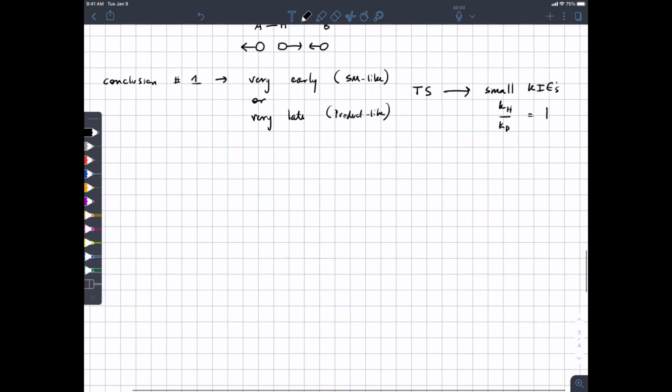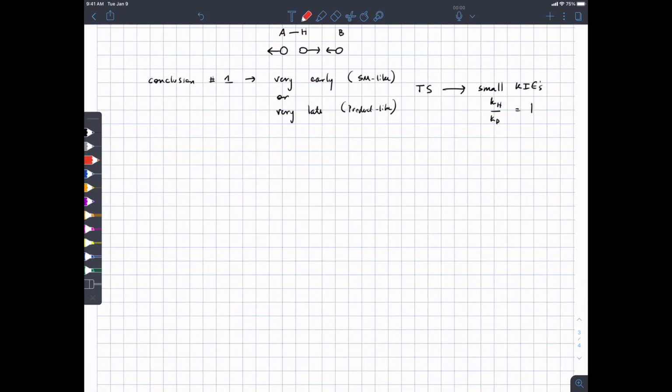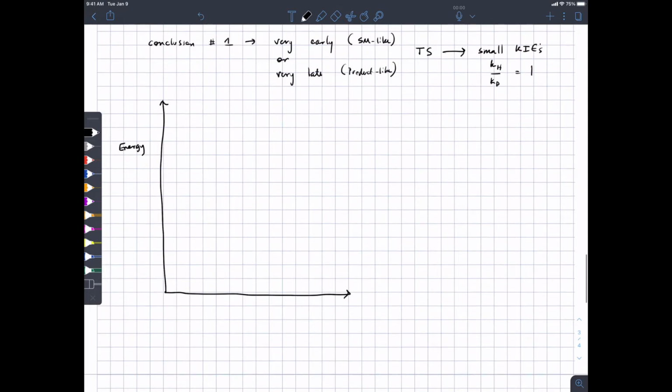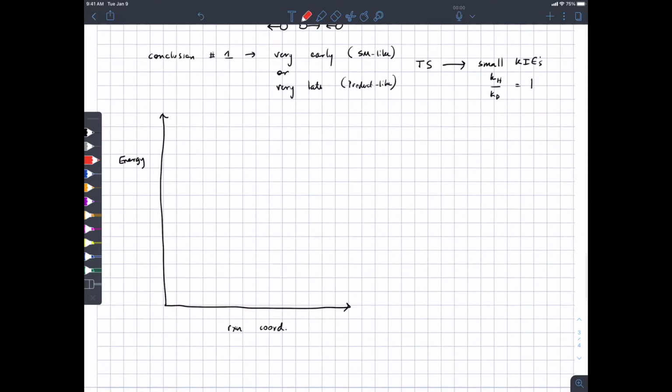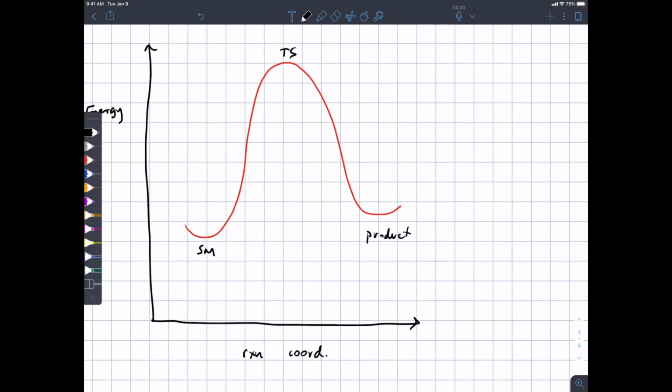So what's a situation where it might be huge? Imagine a reaction where the transition state doesn't closely resemble starting material or product. Okay. Energy here. On this axis is going to be reaction coordinate. I'm not going to specify what the reaction is, but we're going to say, okay, here is a reaction where the transition state, and we don't really care whether the reaction's exo or endothermic, starting material, product. We're not going to worry about that difference in energy.